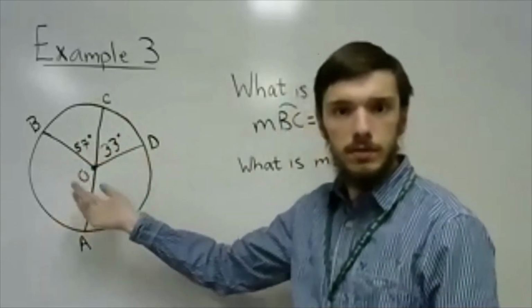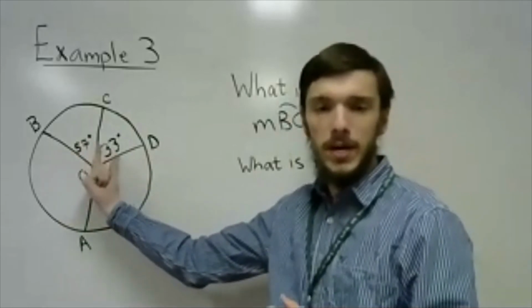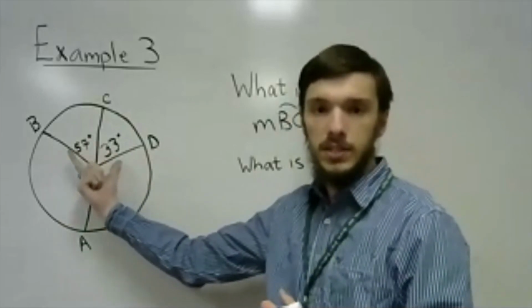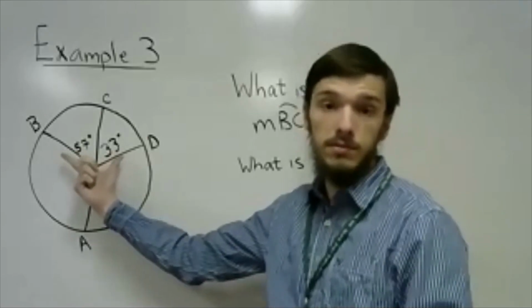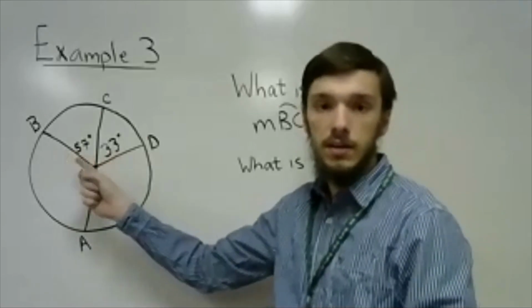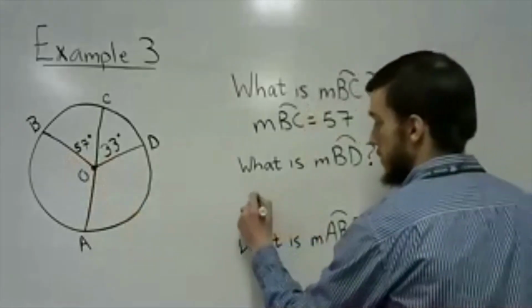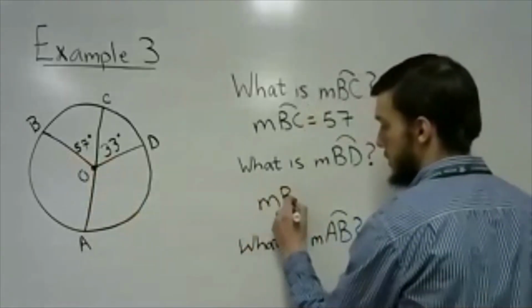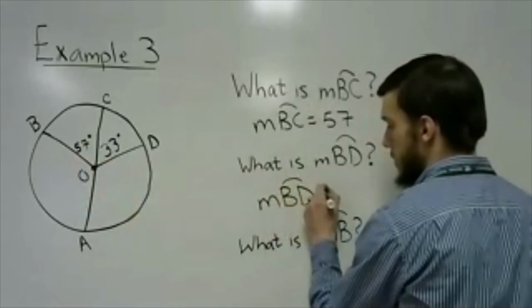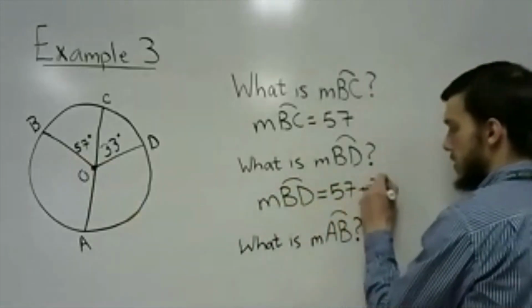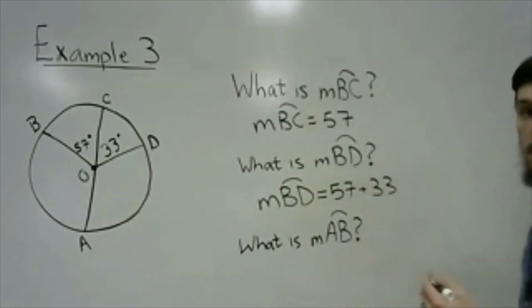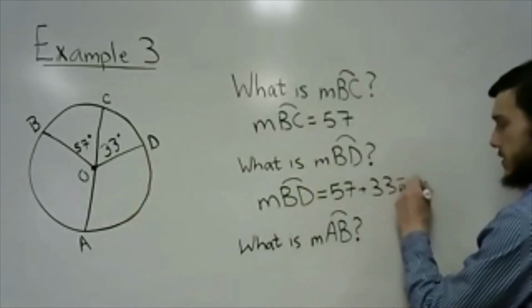So what do we do? We add these two angles together, which gives us the angle that defines arc BD. So to find the measure of arc BD, we have to add 57 plus 33, which gives us 90.